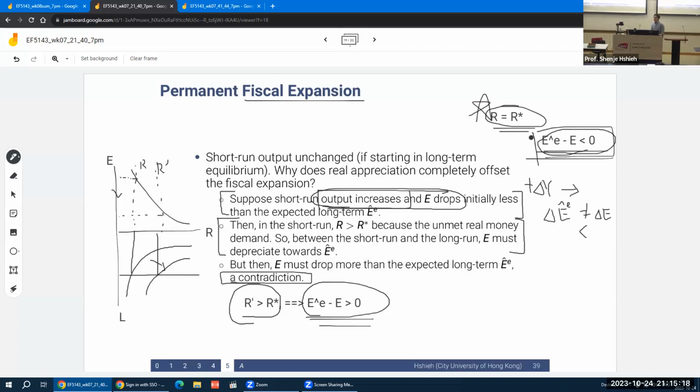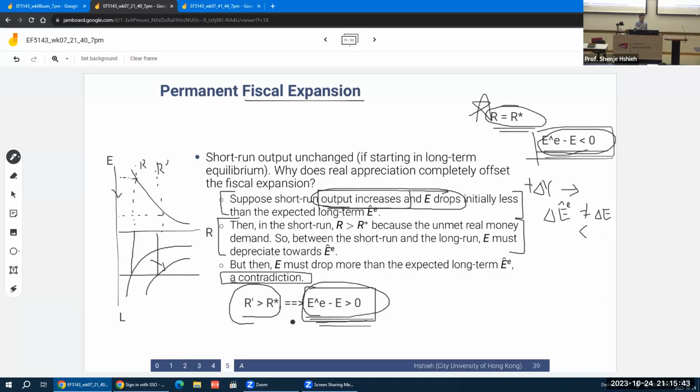And with higher interest rates, there are incentives for investors to come in and conduct carry trade, right? And what that means is that the expected depreciation of the domestic currency must actually be positive, right? Because R prime is greater than R star.